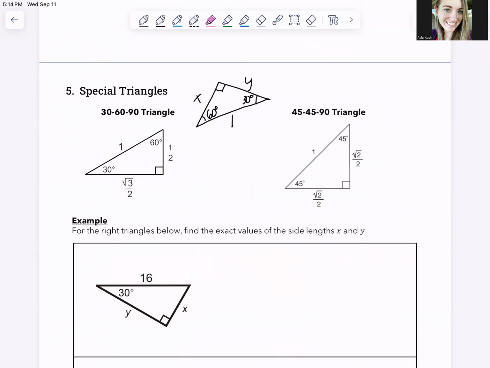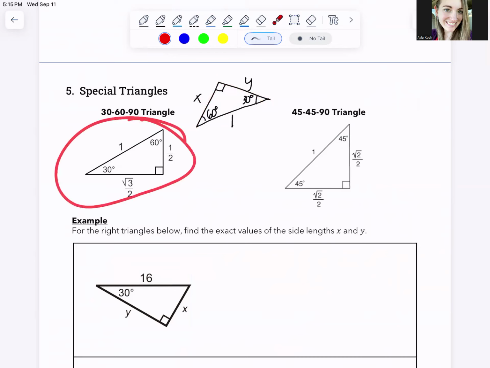It's super easy to determine this. In a 30, 60, 90 triangle, the largest angle is opposite the largest side. The largest angle is the 90-degree angle. Hypotenuse is always the longest. The next biggest angle is the 60-degree angle, and so this side over here, y, should be longer than x.